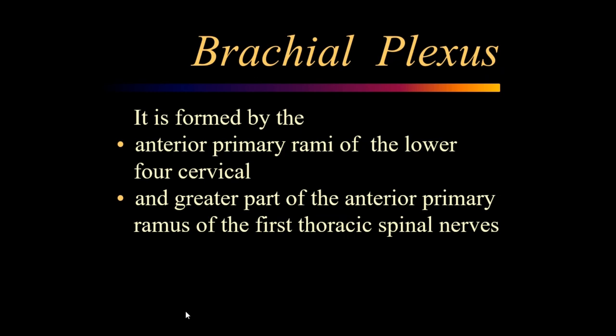All the muscles are supplied by the anterior primary rami only, and the posterior primary rami supply the skin adjoining the spine. So the anterior primary rami of the lower four cervical and the greater part of the anterior primary ramus of the first thoracic spinal nerves.